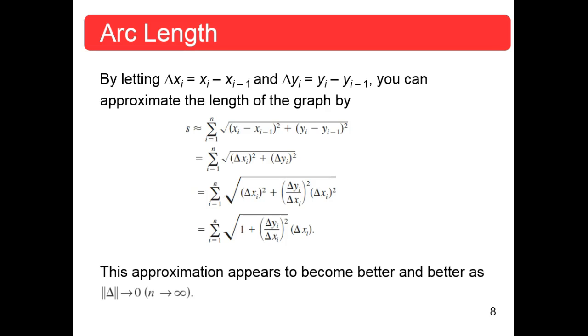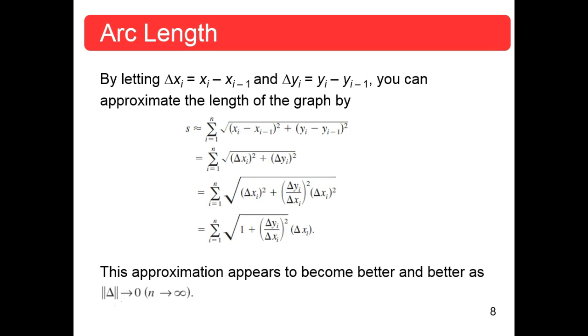This will be approximately the arc length: the summation from 1 to n, however many little divisions you have, of the square root of, this is our good old distance formula, x sub i minus x sub i minus 1 squared plus y sub i minus y sub i minus 1 squared. That would be your little s sub i squared, you might say. We're going to sum this from i equals 1 to n. You have n little divisions, and you're going to do this for every one of them.